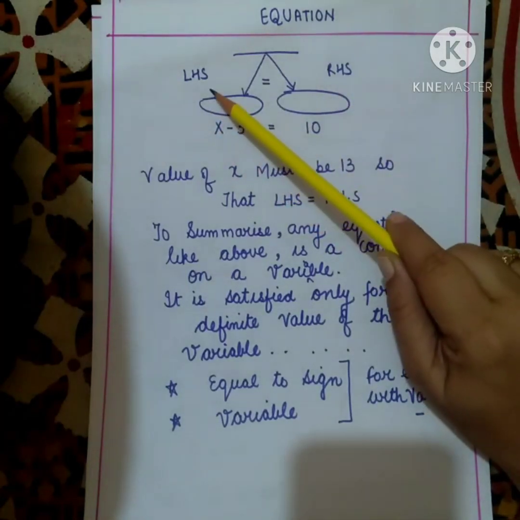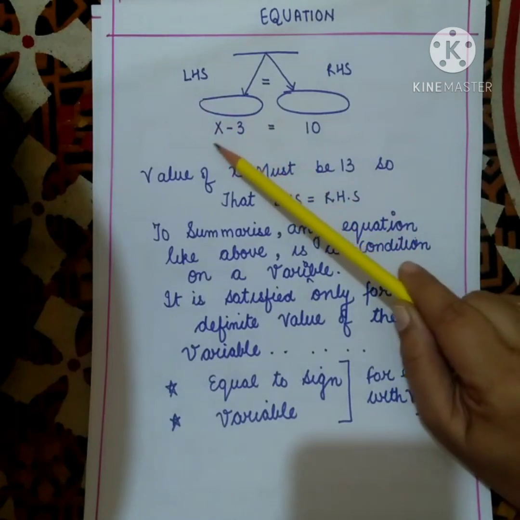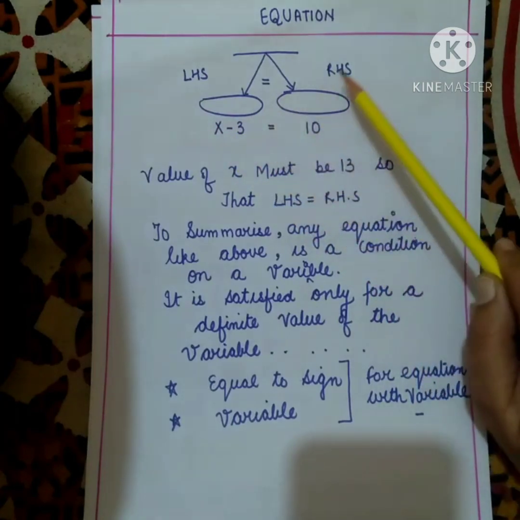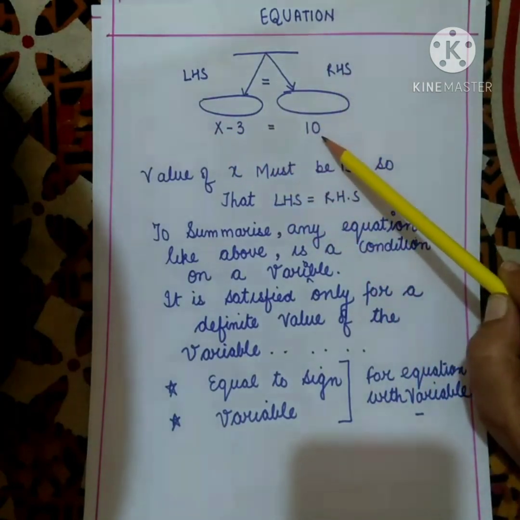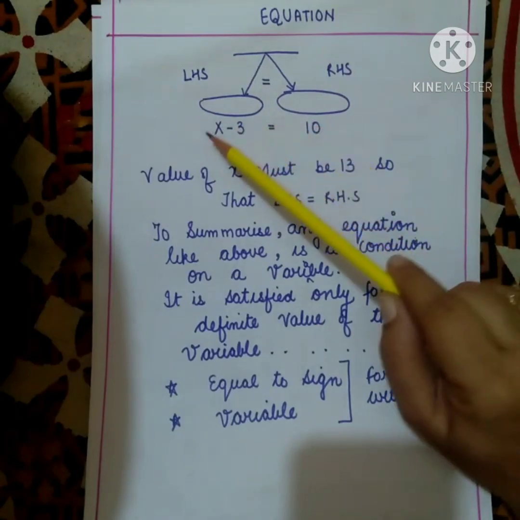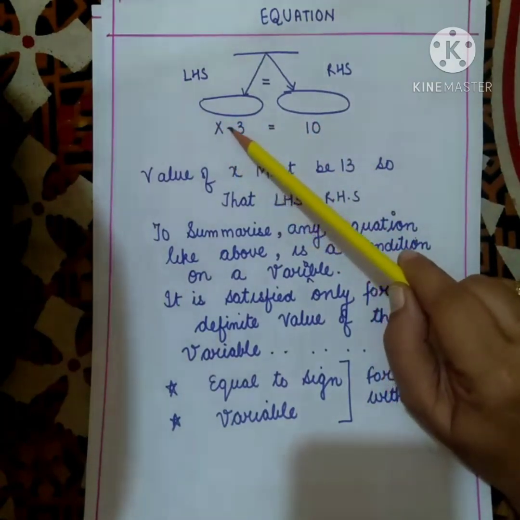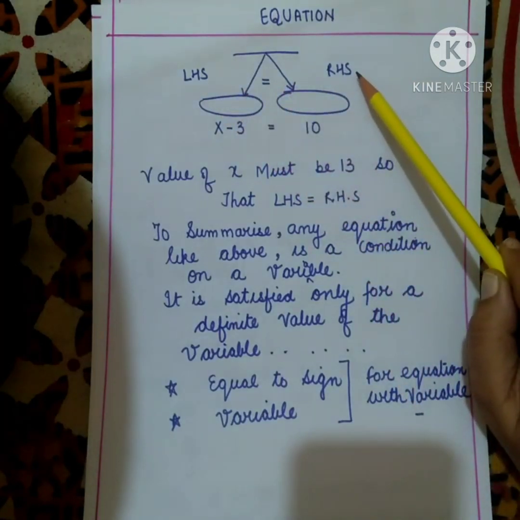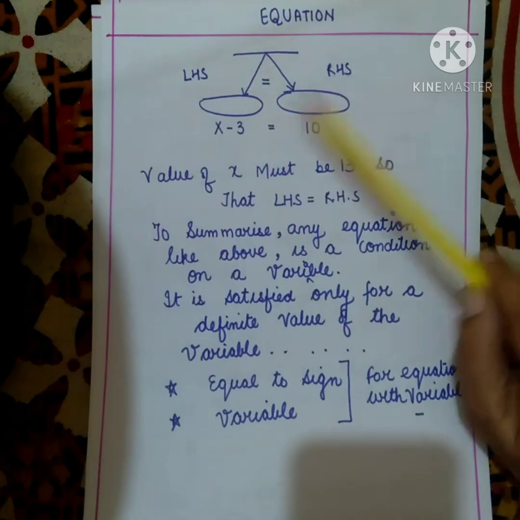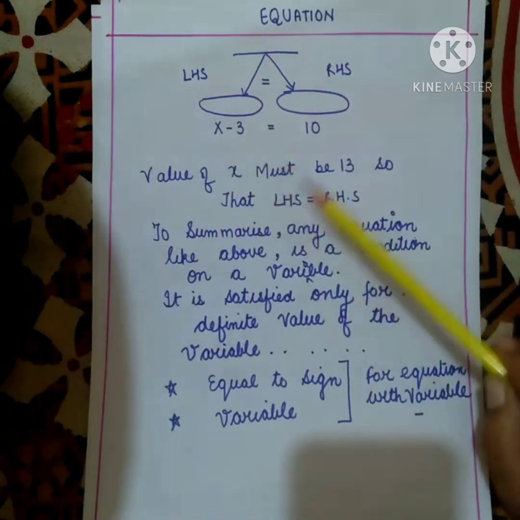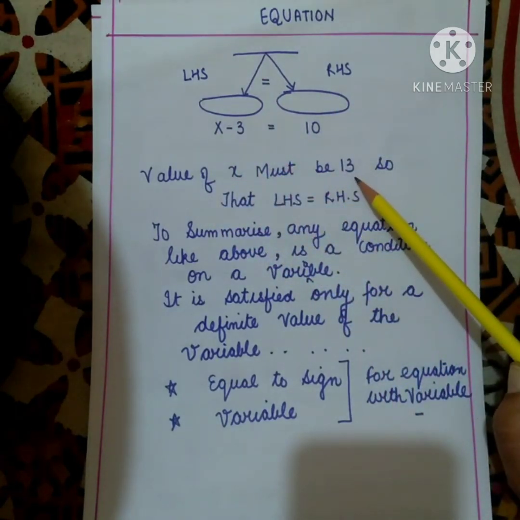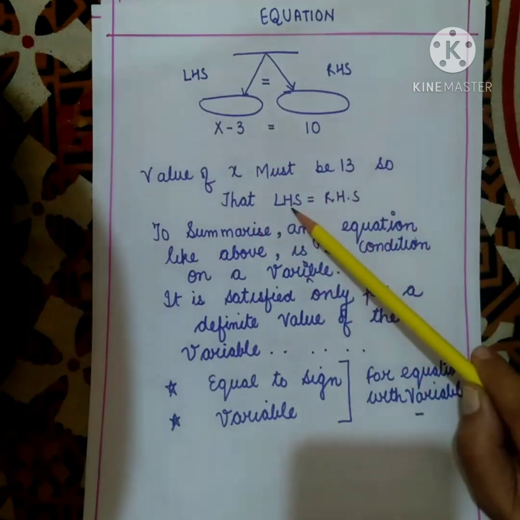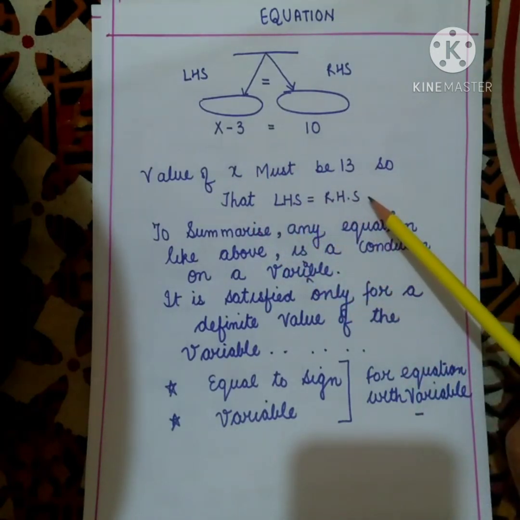Here, if on the left hand side I have x minus 3 and on the right hand side I have 10, what should I put as the value of x so that both sides become equal? The value of x must be 13 so that the left hand side is equal to the right hand side.